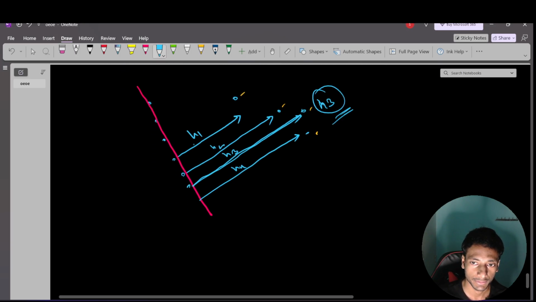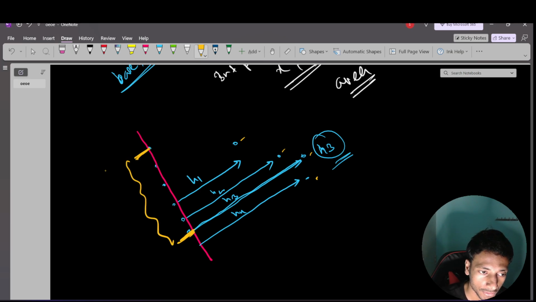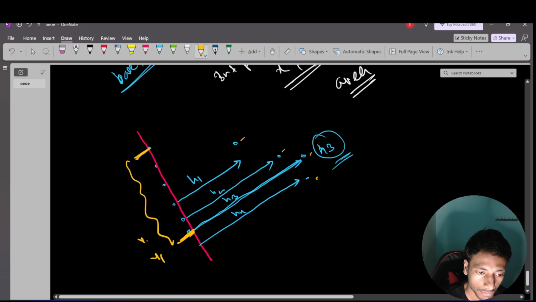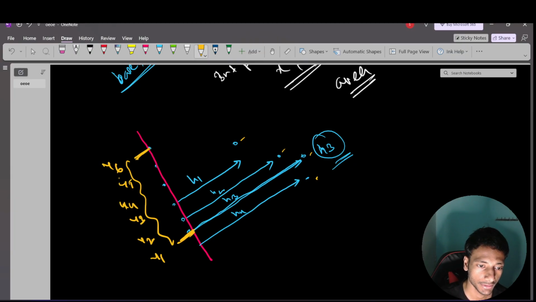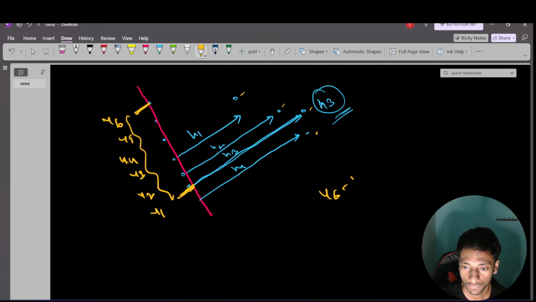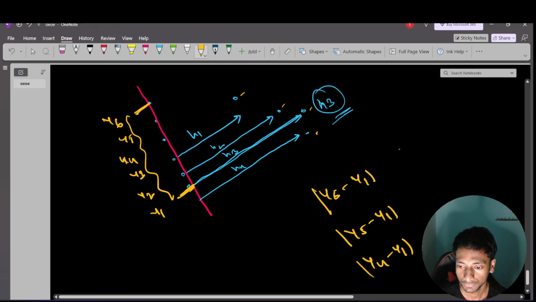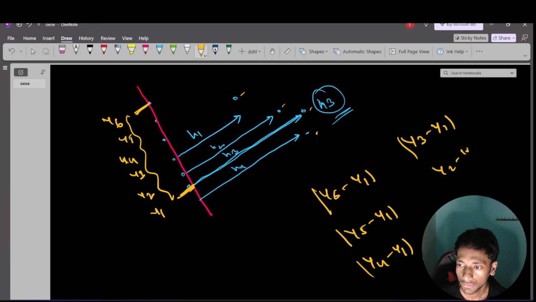Now how will it increase the base? I can choose this point, another is this point, another is this point. Then you can see what the base length will be. Suppose they are y1, y2, y3, y4, y5, y6. The differences are y6 minus y1, y5 minus y1, y4 minus y1, y3 minus y1, y2 minus y1.